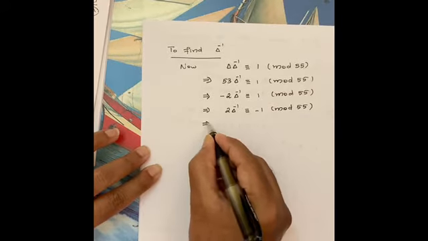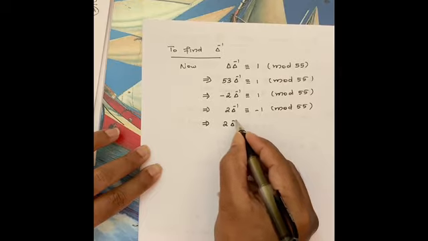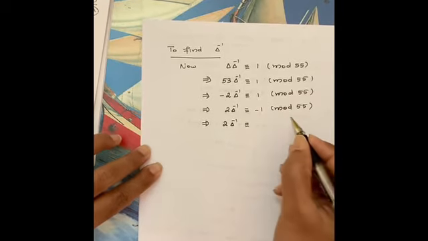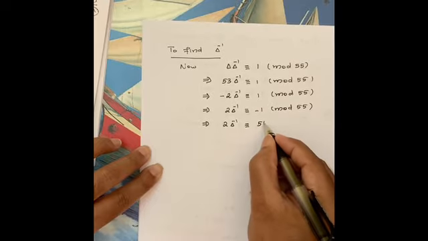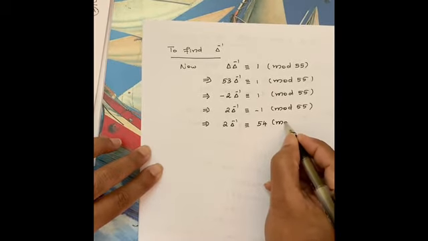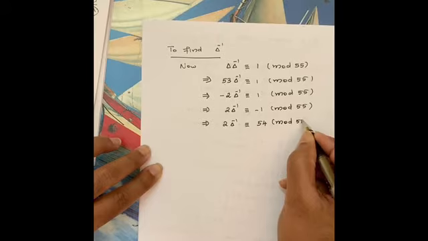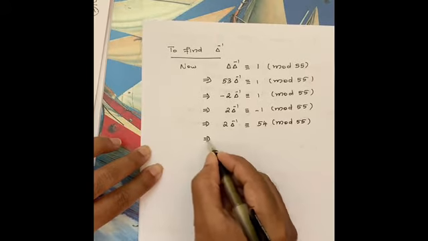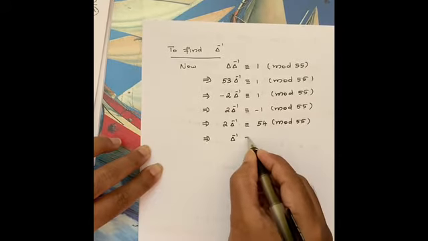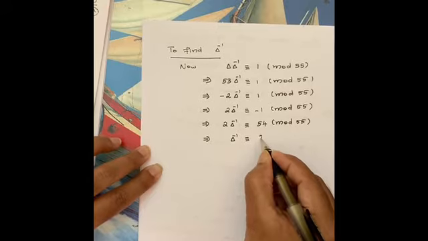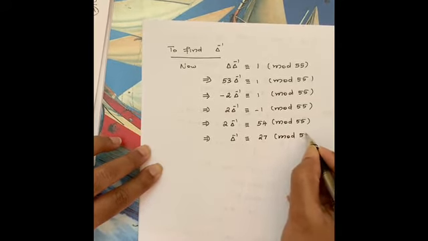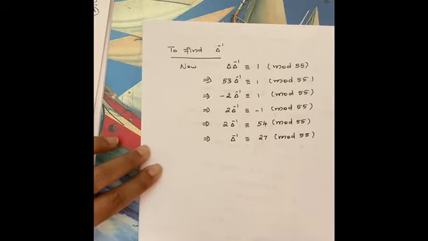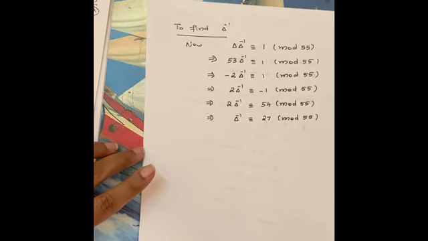What is the meaning of minus 1 modulo 55? 55 minus 1 is 54. Now divided by 2, we have delta power minus 1 congruent to 54 divided by 2, which is 27 modulo 55. So delta power minus 1 is 27 modulo 55.